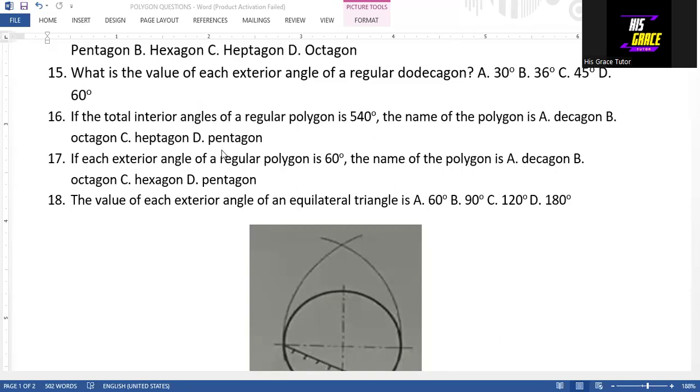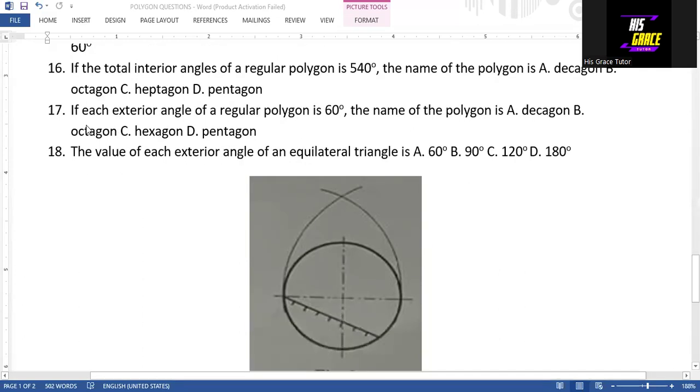If we have 5 minus 2, that will give us 3. Then 3 times 180 degrees will give us 540 degrees. So the answer to this question is pentagon. That's a pentagon that had the sum of all interior angles to be 540 degrees.